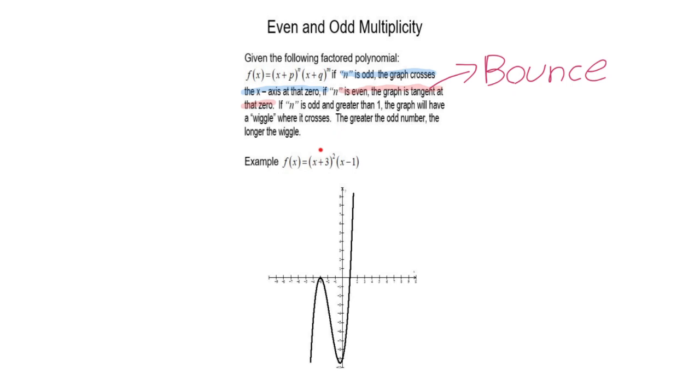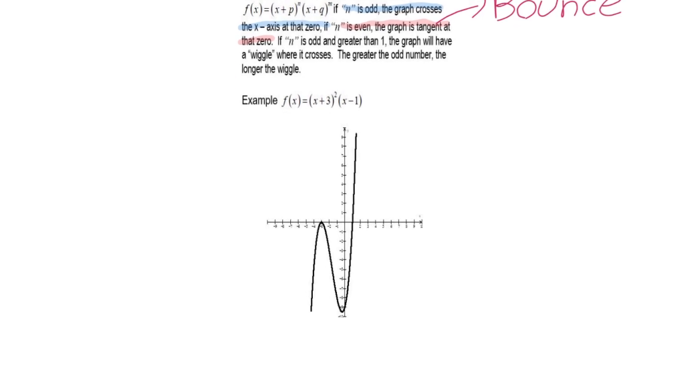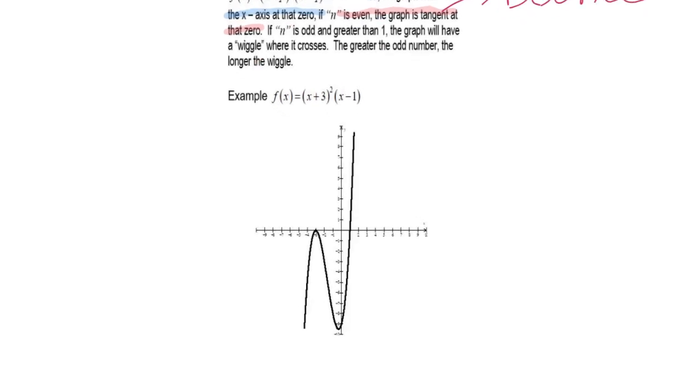So what does that look like visually? In our equation here, we're told that f of x is equal to x plus 3 squared times x minus 1.